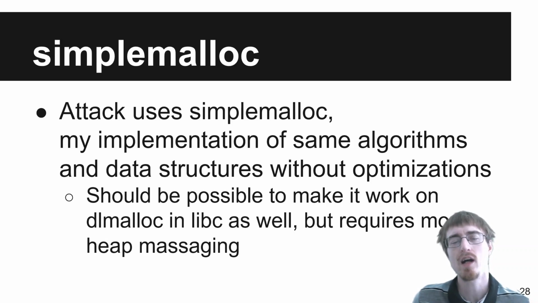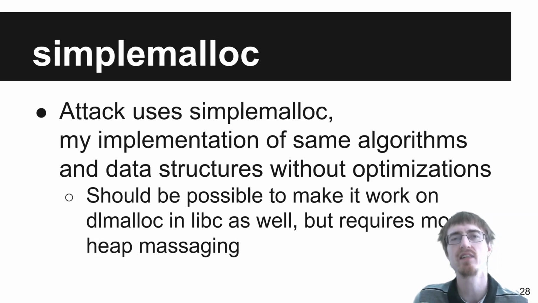Now, for our purposes, what we really like is something that works exactly according to these algorithms in all cases, so that we don't have to manipulate the allocator first to get the special cases. So what I did is implement a new allocator, simplemalloc, which uses exactly the algorithms of the original dlmalloc. However, it removes the optimizations.